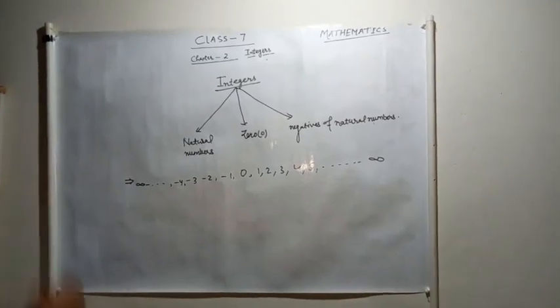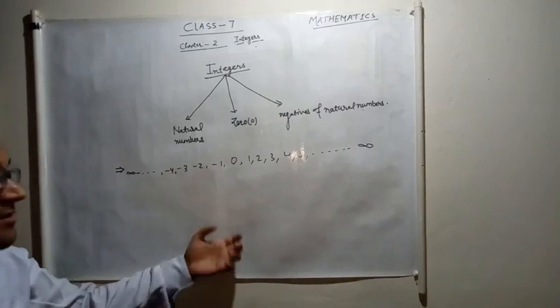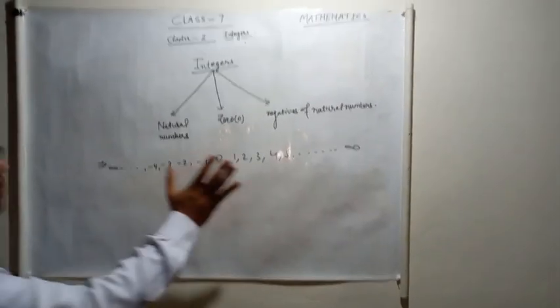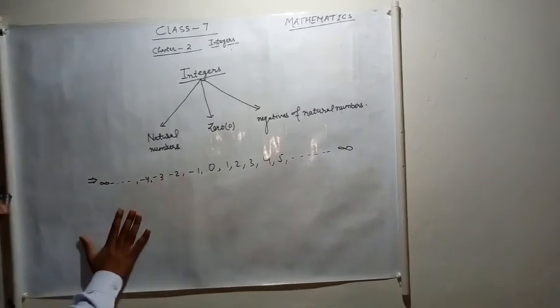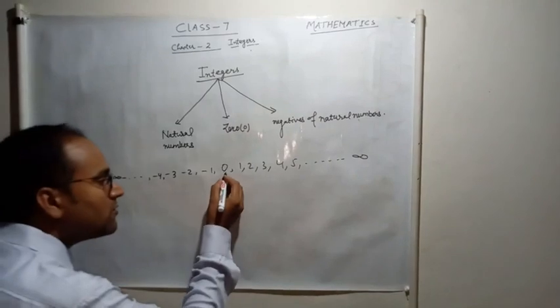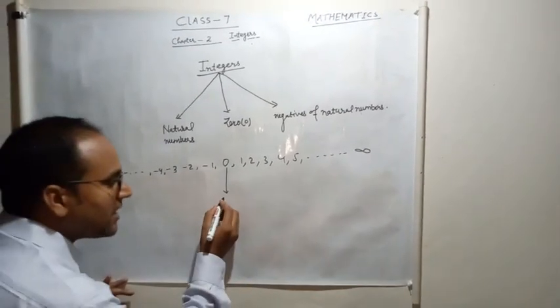So integers include natural numbers, 0, and the negatives of natural numbers. The important point is that the sign of an integer is either positive or negative, except 0. 0 has no sign.